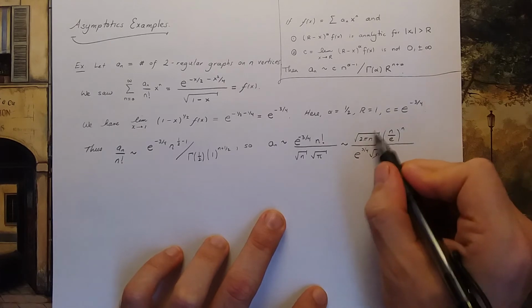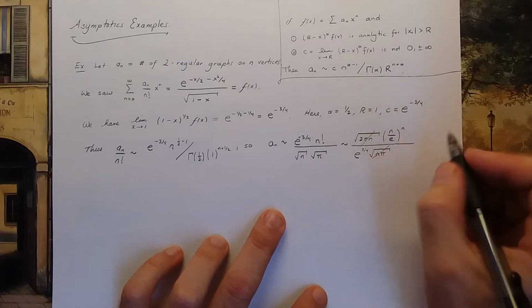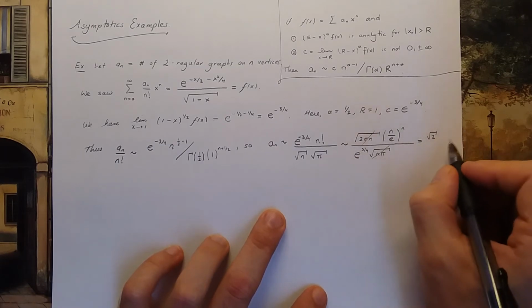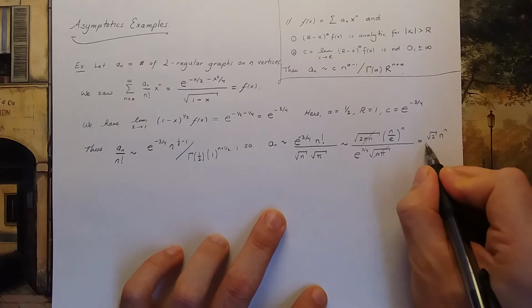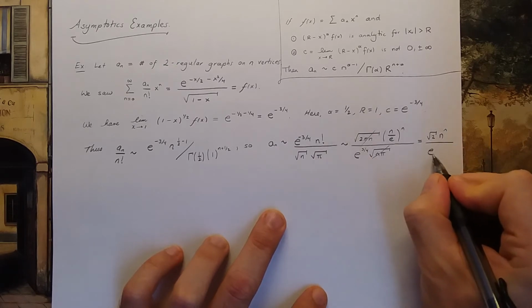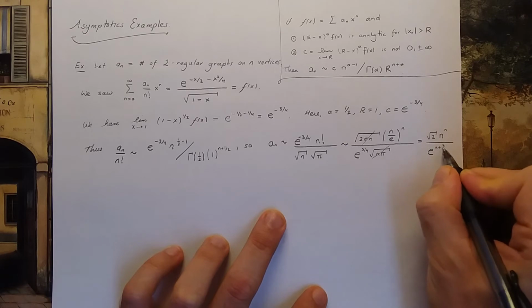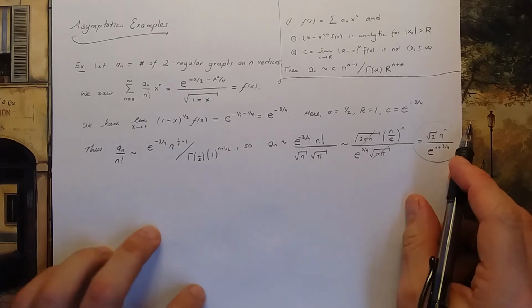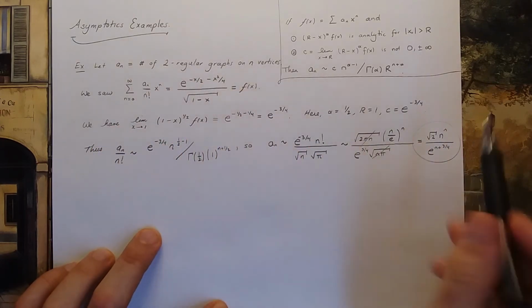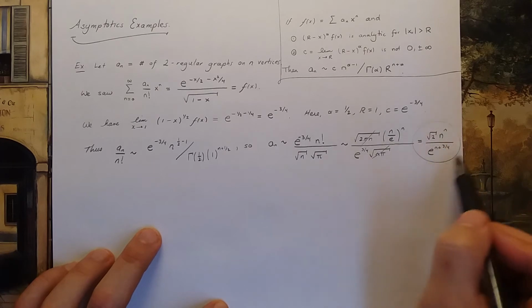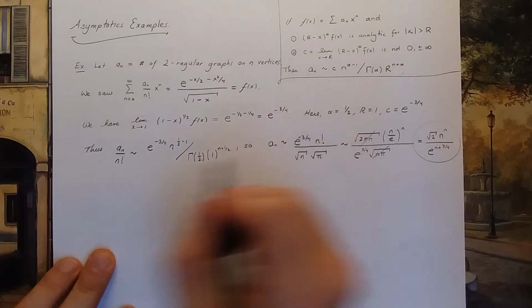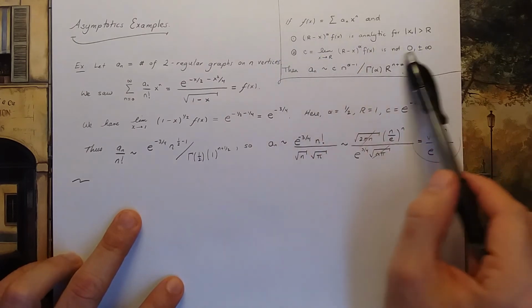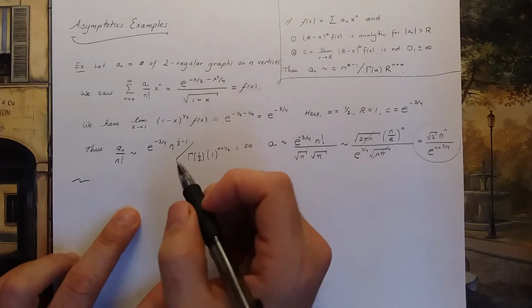So the n pi's can cancel, and I'm left with the asymptotic formula, the square root of 2 times n to the n power divided by e to the n plus 3/4. So that's a really interesting result. The number of two regular graphs on n vertices is approximately this quantity. Very nice, very nice. So we got that pretty quickly from our investigations with the main result in asymptotics.